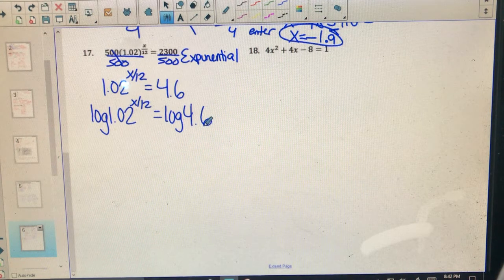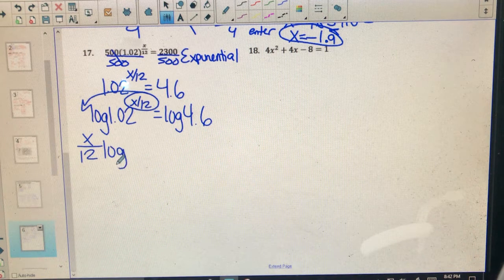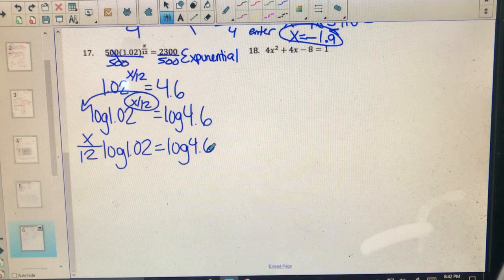Now remember, your whole point in taking the log of both sides was to get this x out of the exponent. So it comes down in front as my next step. X over 12 times the log of 1.02 is equal to the log of 4.6 just comes down. Now the same step that I just did in number 16 was get rid of the log. It's being multiplied.